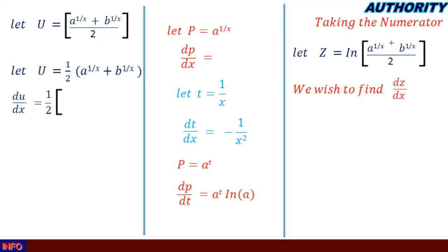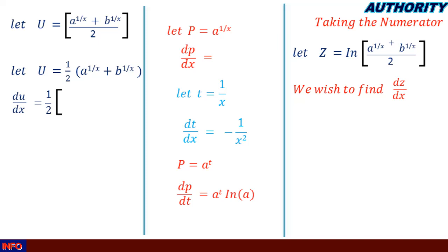So we apply the chain rule. First we say let t equal to 1 over x. We differentiate it, we have minus 1 over x squared, right? Good. Again, as we replace 1 over x with a letter t, that means p is equal to a to the power t. We also differentiate this p with respect to t. So we have dp/dt is equal to a raised to the power of t ln a.